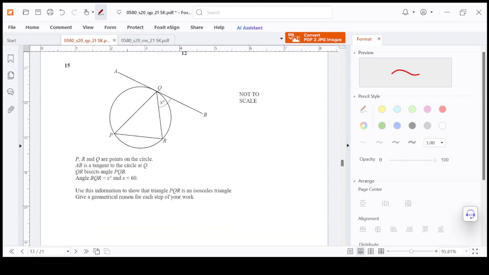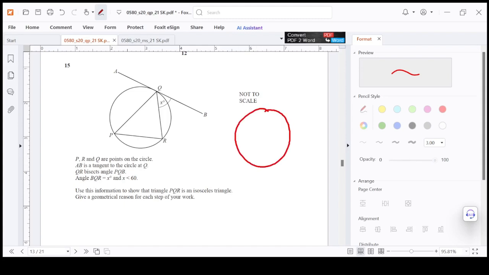Question 15. P, R, Q are points on a circle. AB is tangent to the circle. Okay. If a tangent is mentioned, then I see an alternate segment theorem here. How does the alternate segment theorem work?